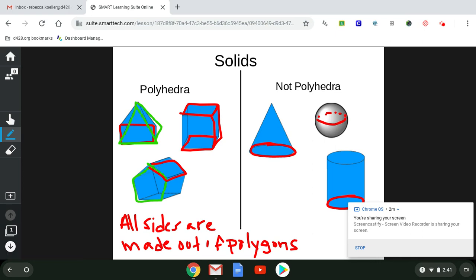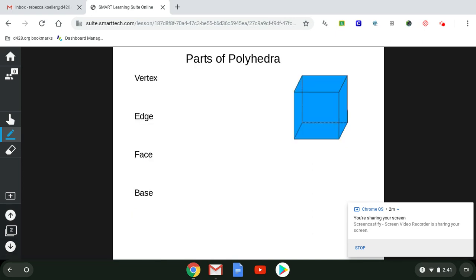So let's dive a little deeper into polyhedras and their parts. The first thing I want to point out are the vertex, or the vertices. It's just the corners of the shape. It's where three or more edges intersect.